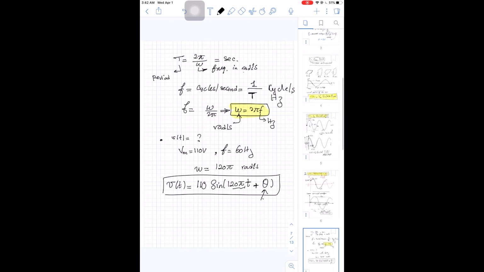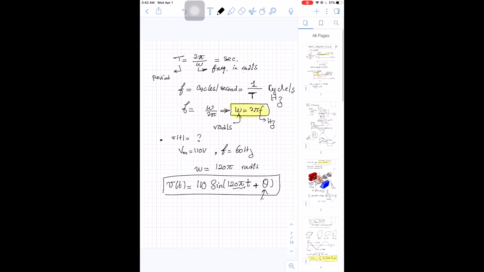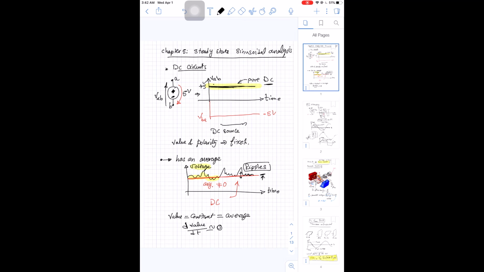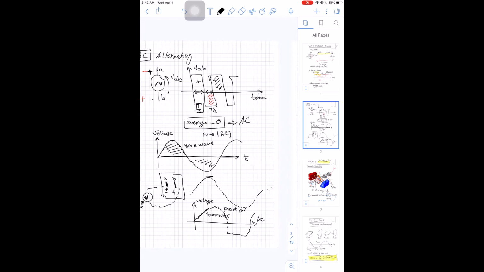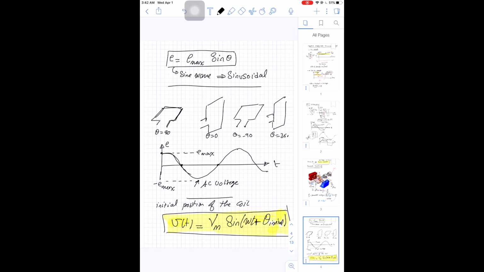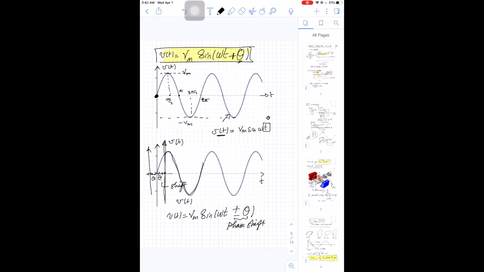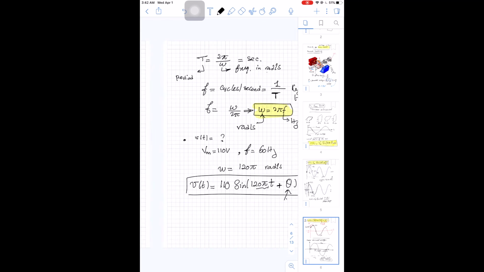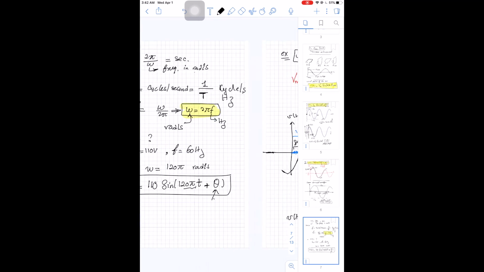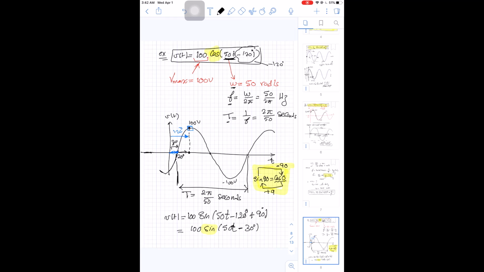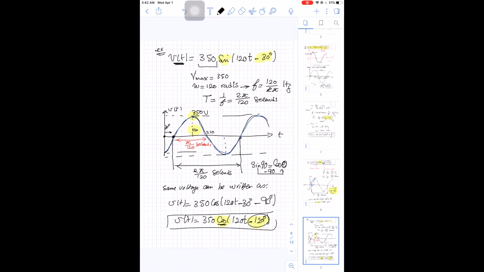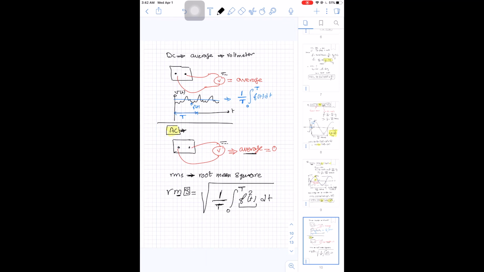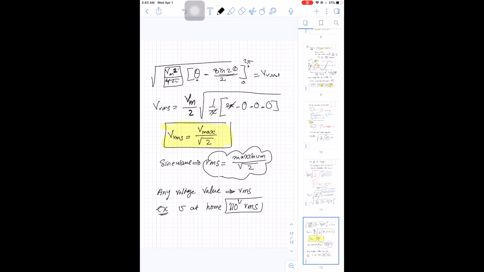When we did the example for the voltage at home with 60 hertz, we said it will be 110, but this was not correct. We did this at the beginning as an assumption, and we said we will correct this assumption later on. Okay, so now we are correcting this assumption.